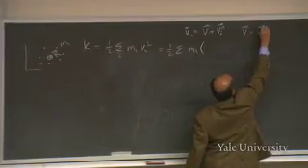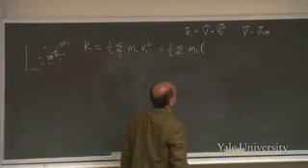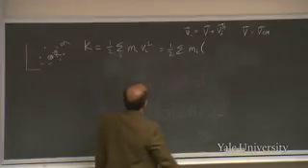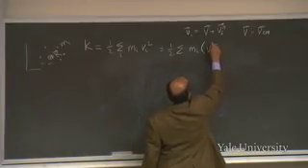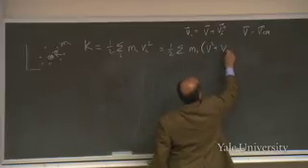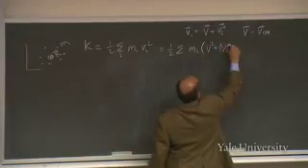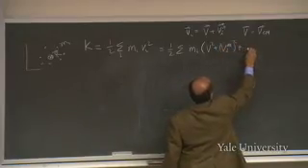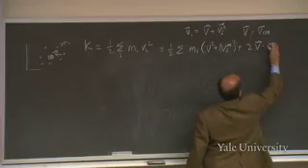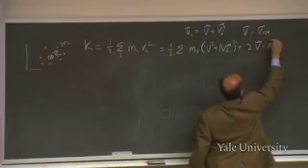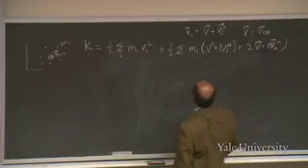I just don't want to show the subscript every time, but capital V is center of mass. So when I square this, vi squared, I will get a V squared term. Then I'll get a vi relative squared term. Then I'll get a cross term, twice V dot vi relative, summed over all the particles.